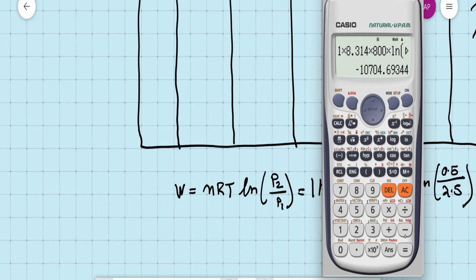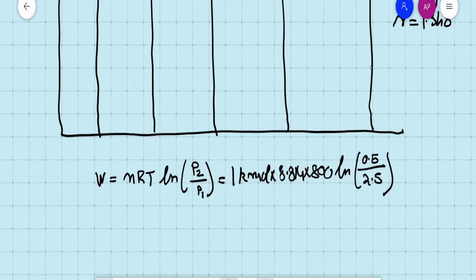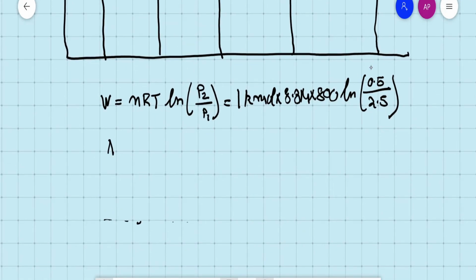Now we shall be rounding off the decimals because the figures are quite high and the decimals can be rounded off in favor of the higher decimals. So the rule is that if we have 0.6 and above, we should round it off to 1. So I should take this as minus 10,705 kilojoules.